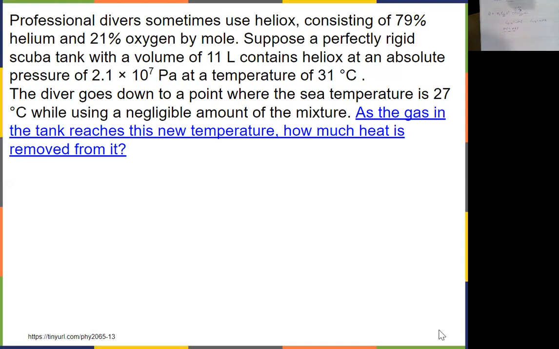You can use PV equal to nRT for the total N.